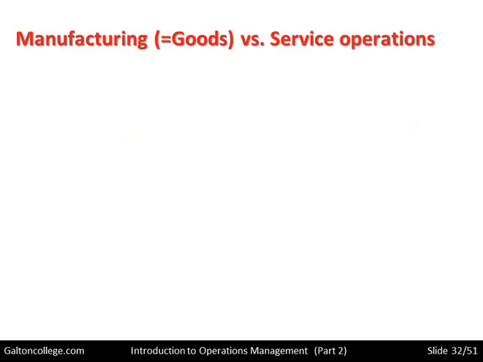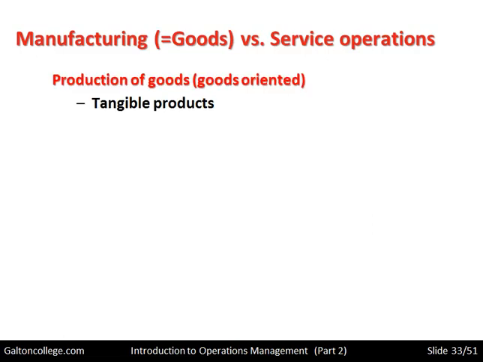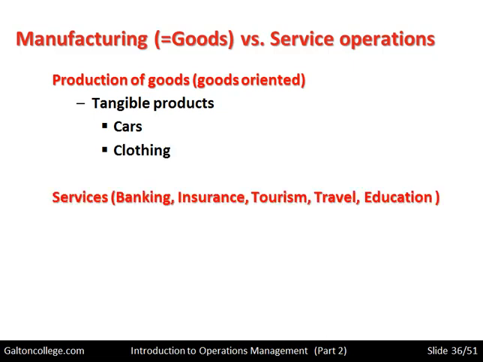So it's also worth trying to distinguish manufacturing, or if you like, goods, from service operations. Production of goods, well, goods oriented. These are tangible products. These are products we can touch. These are physical products. It's the production of goods. For example, cars, clothing, and so on.